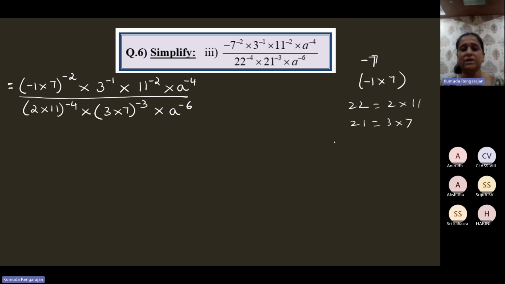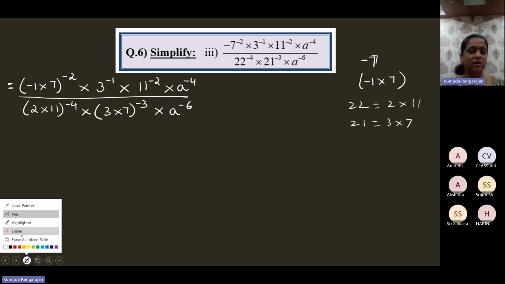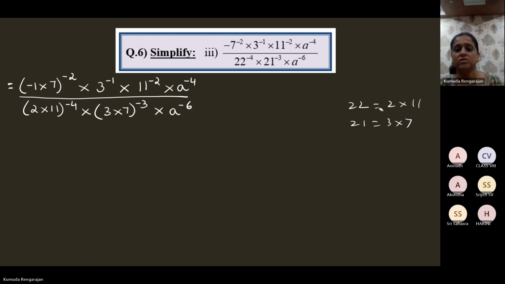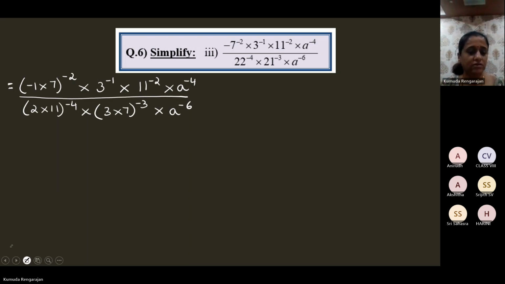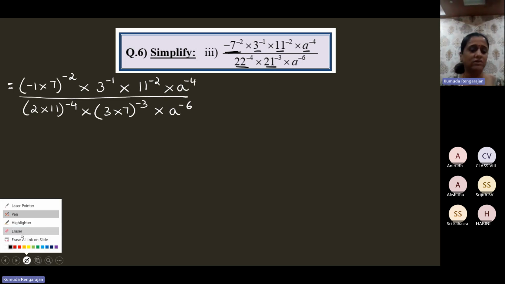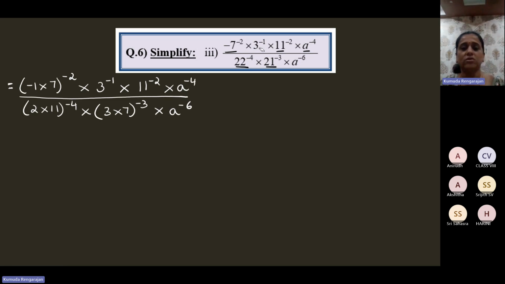The other bases are prime, so we just write them as they are, and A also as it is. Minus 7 is prime, but we write it as minus 1 into 7. And 22 and 21 are composite, so we write them as a product of their primes, 2 into 11 and 3 into 7. Okay.